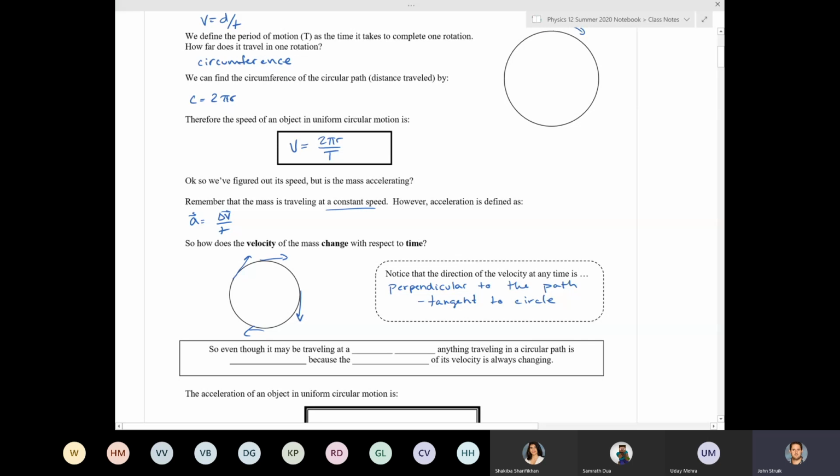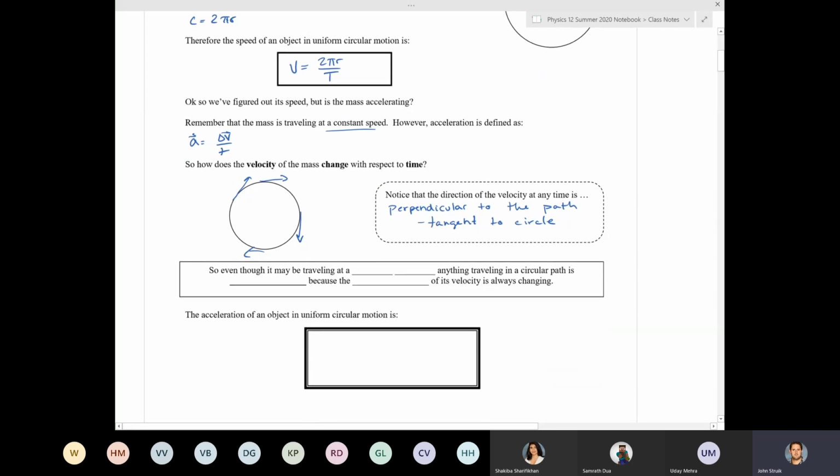So at any moment the velocity is perpendicular to the path, so it's moving at a tangent. So even though it may be traveling at a constant speed, anything traveling a circular path is accelerating, because the direction of the velocity is always changing.